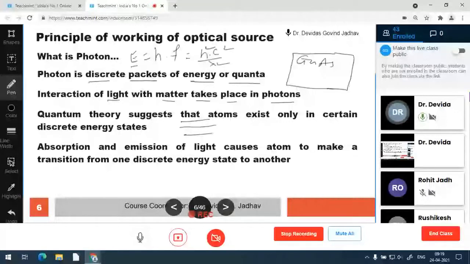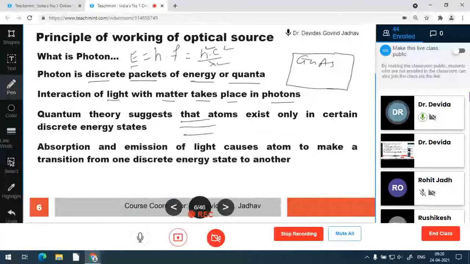So quantum theory suggests that atoms exist only in certain discrete energy states. That is true, which we have seen from high school level physics. Absorption and emission of light causes an atom to make a transition from one discrete state to another discrete state. Light is energy. Whenever a transition from one discrete energy state to another takes place, there is an exchange of energy in the atom.